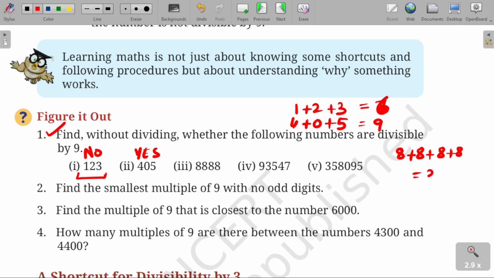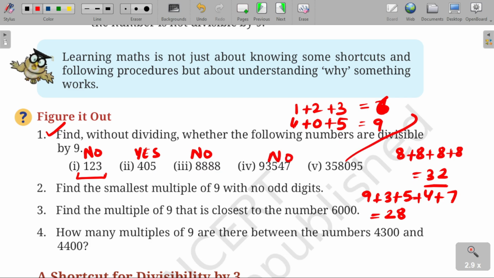That is 32. This is not divisible. So no. 9 plus 3 plus 5 plus 4 plus 7, which is 28. So it is also not divisible.